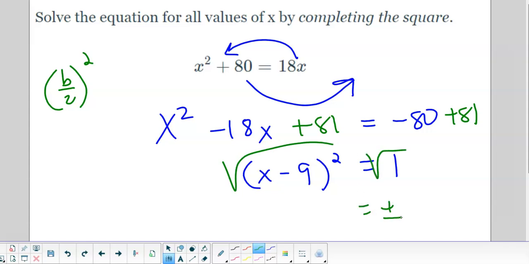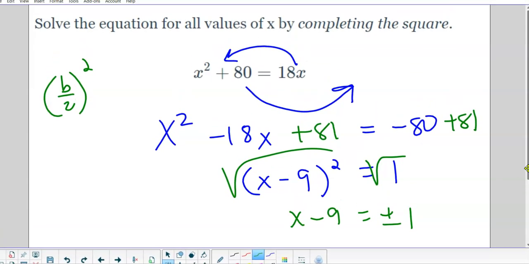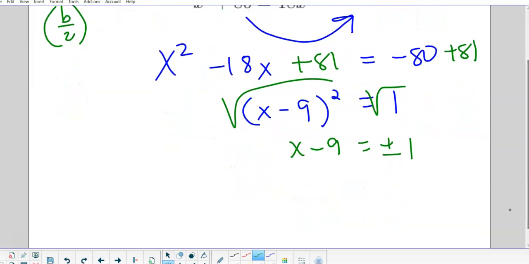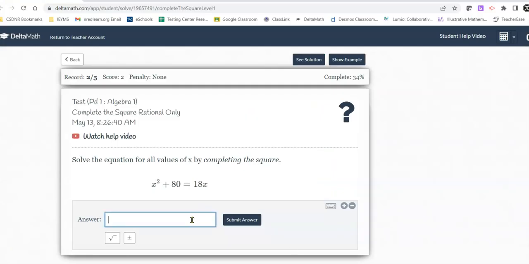I'm going to get my two answers on the right and my binomial on the left. And now all I have to do is add 9 to both sides and perform that math. 9 plus 1 and 9 minus 1, which is 8. So 10 and 8 are my solutions here.